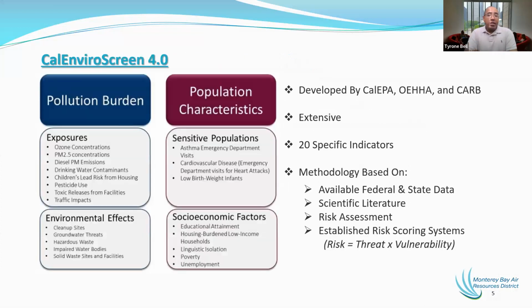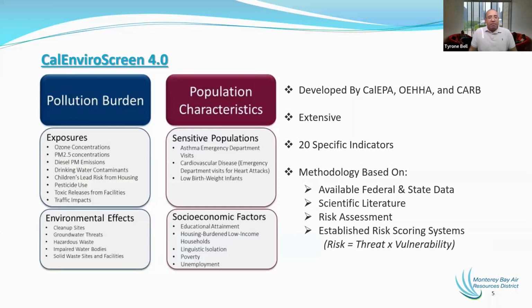So what are disadvantaged and low-income communities? So Senate Bill 535 defines disadvantaged communities based on, quote, geographic, socioeconomic, public health, and environmental hazard criteria. So Cal EPA, along with the Office of Environmental Health Hazard Assessment and California Air Resources Board, co-developed CalEnviroScreen to identify these low-income and disadvantaged communities.